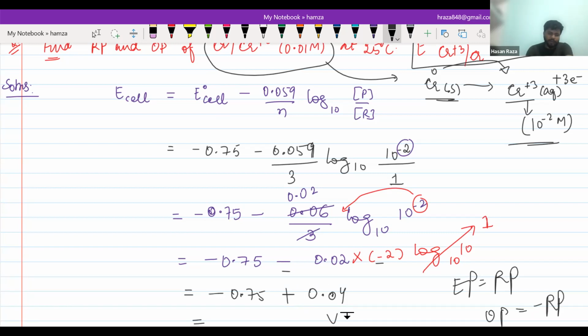So just solve it: 0.75 minus 0.04, it will be minus 0.71 volt. So reduction potential is minus 0.71 volt and oxidation potential will be positive.